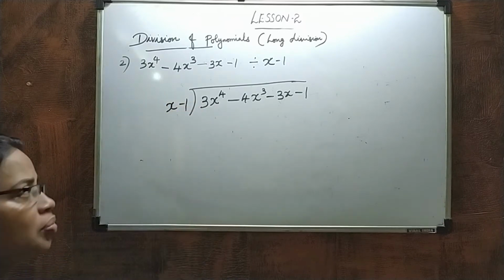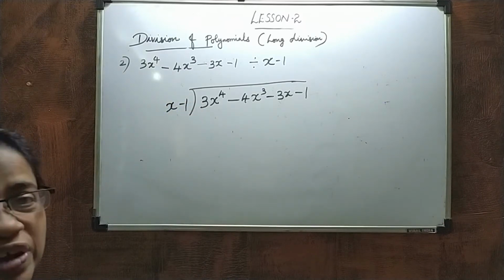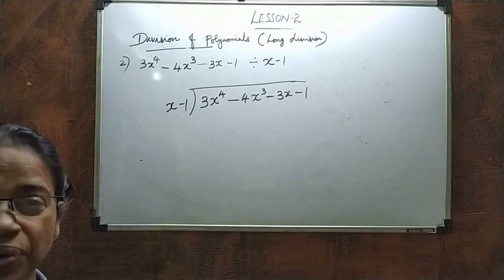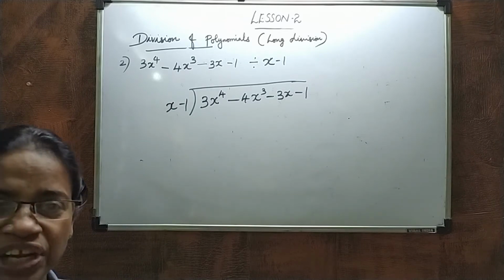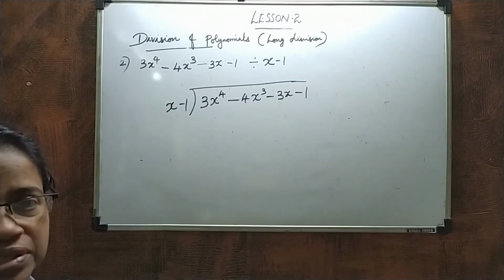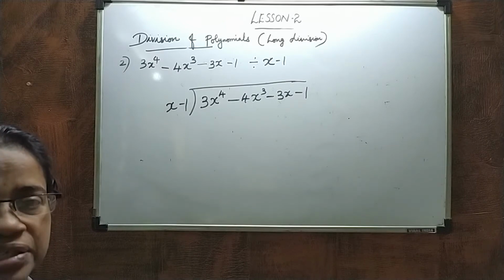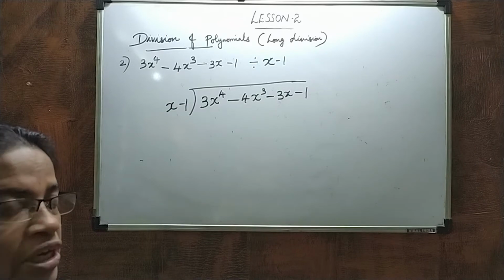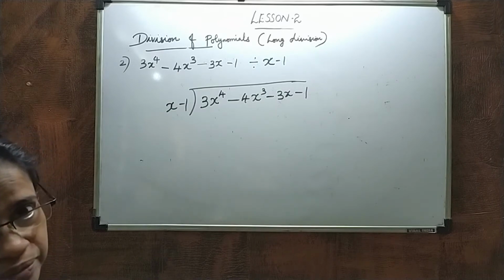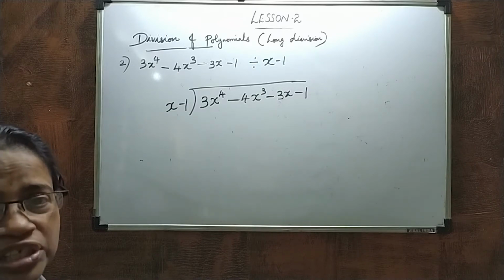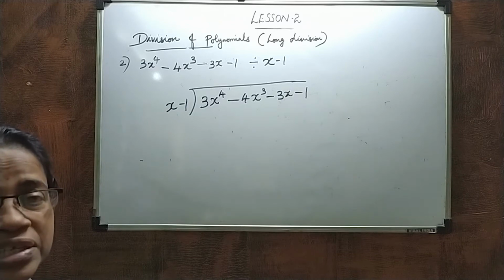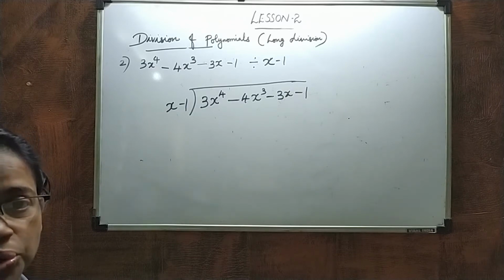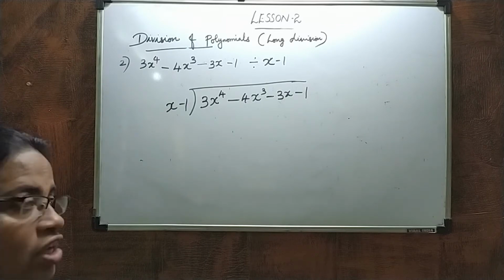One more thing you have to remember always. If any degree is missing, you have to write it as 0 there. Any term with the degree missing, you have to write there as 0 into that degree of that variable. That I will show you now.